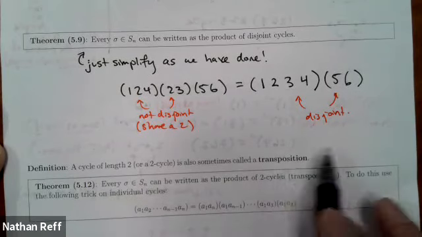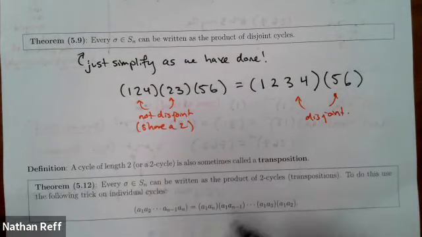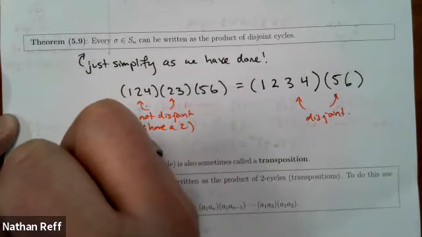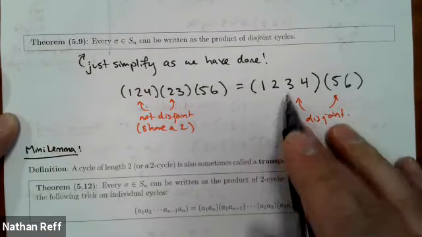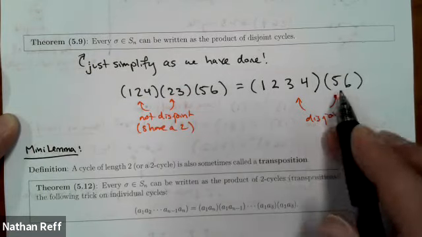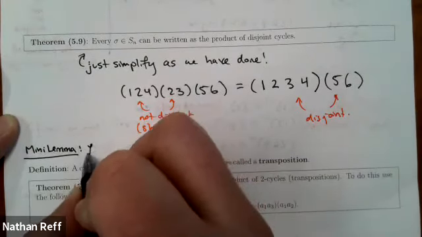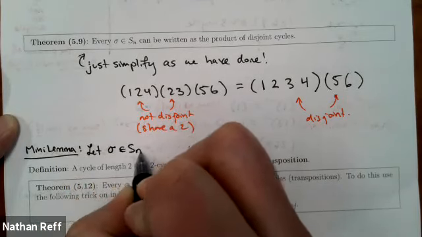There is actually one thing I wanted to mention here that I didn't add. I should have added this as a little mini lemma. Once you get it into these disjoint cycles like this, you can use it to compute the order. Let sigma be an element of Sn.